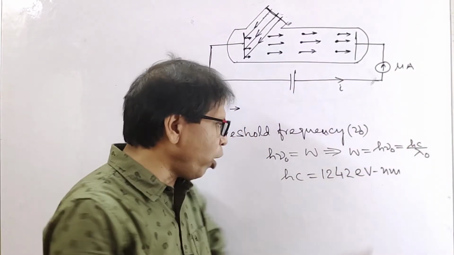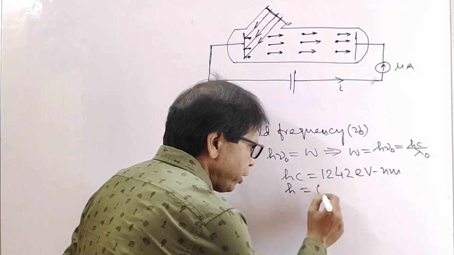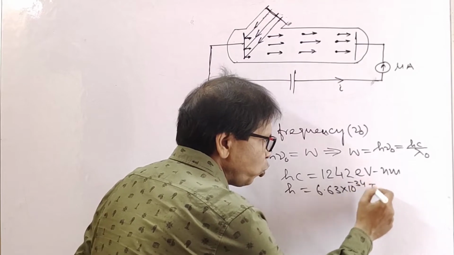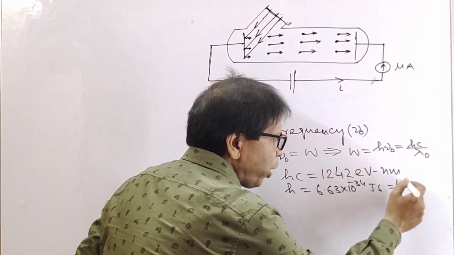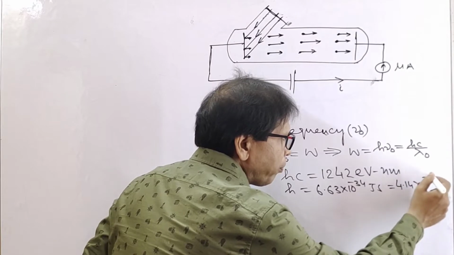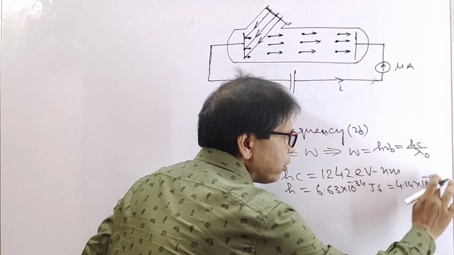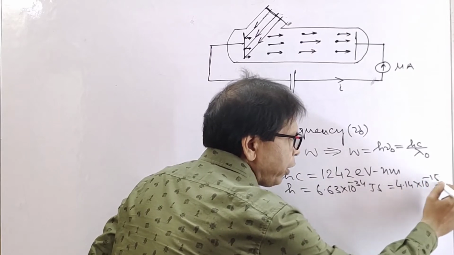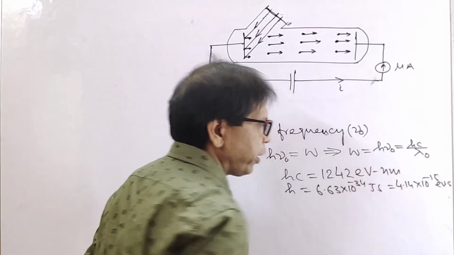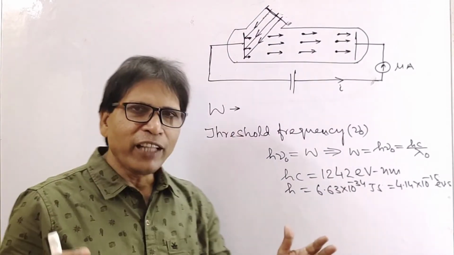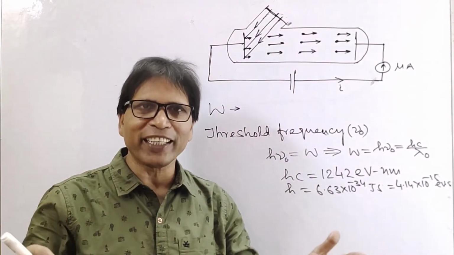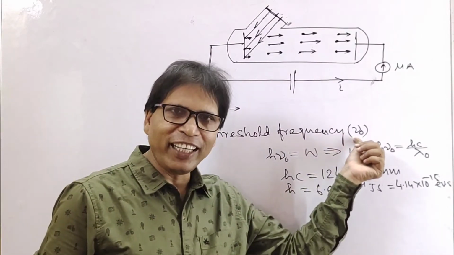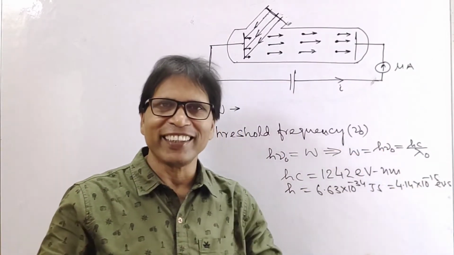And the value of h is 6.63 into 10 to the power minus 34 joule second, which is equal to 4.14 into 10 to the power minus 15 electron volt second. Okay, understood? Now I will be solving some numericals related to work function, threshold frequency and threshold wavelength.